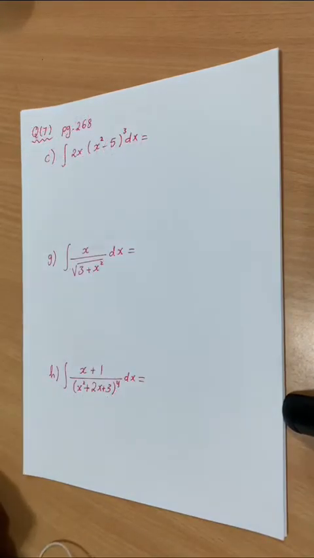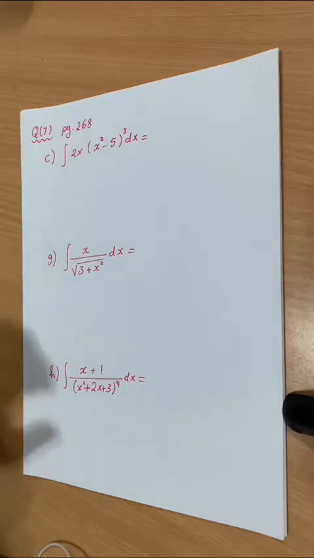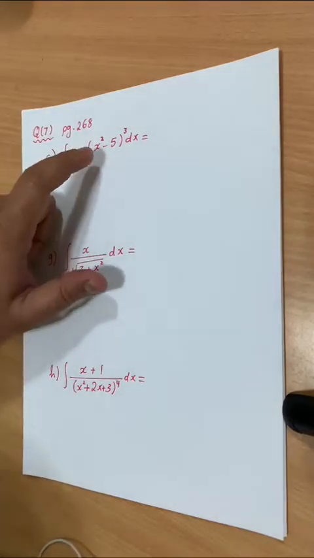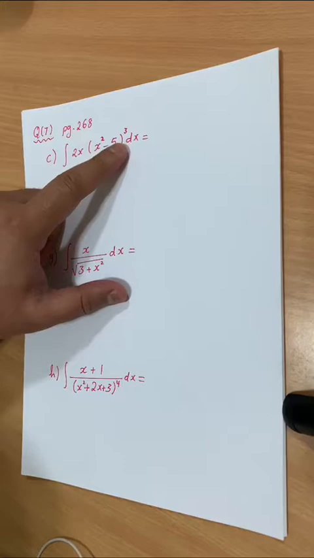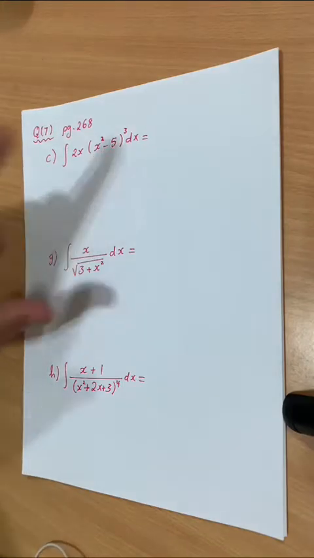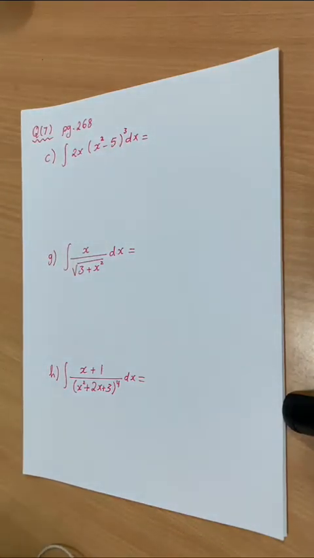Question 7 on the same exercise, because it's related to what we did in question 1. Integration of 2x multiplying by (x squared minus 5) all to the power of 3 dx. First of all, you have to check the derivative.